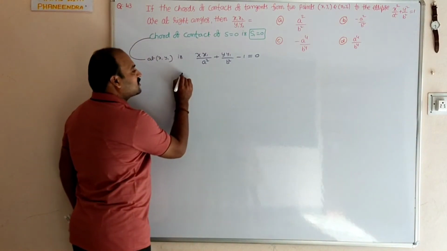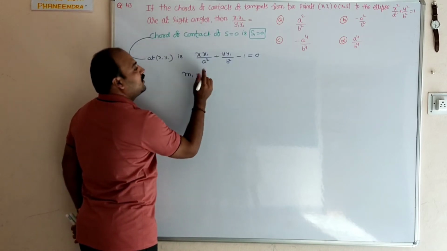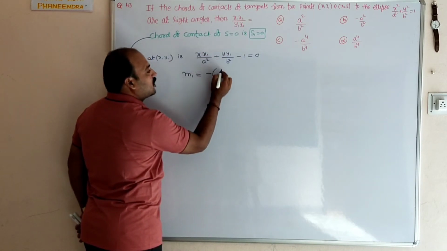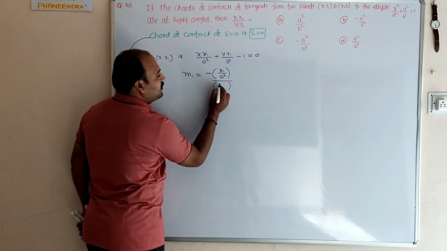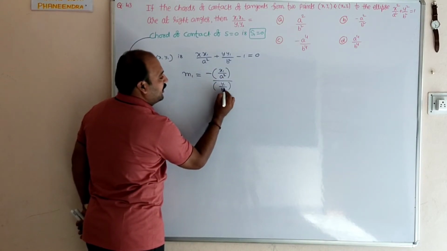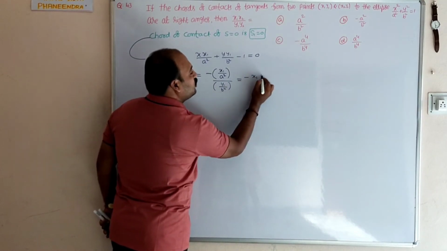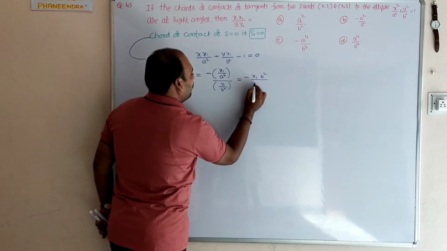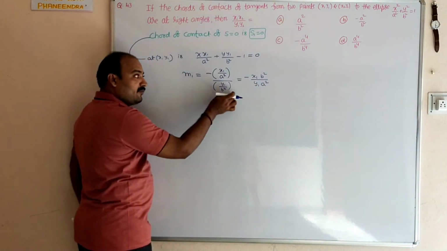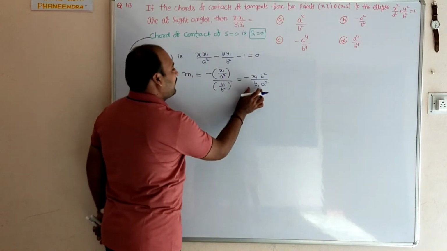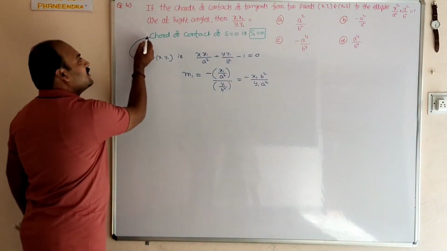The slope m1 is minus x coefficient by y coefficient, which is minus (x1 by a square) divided by (y1 by b square), equal to minus x1 b square by y1 a square. This is the slope of the chord of contact at (x1, y1).